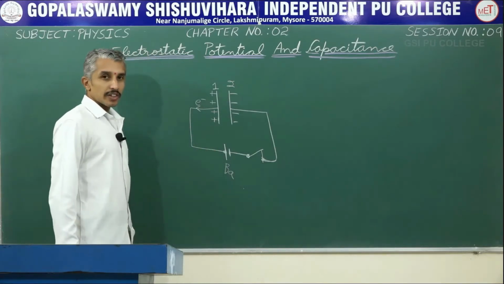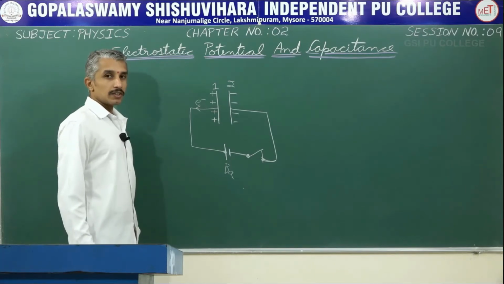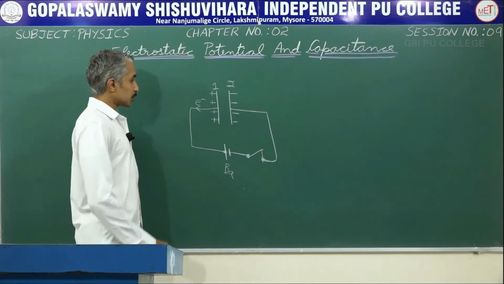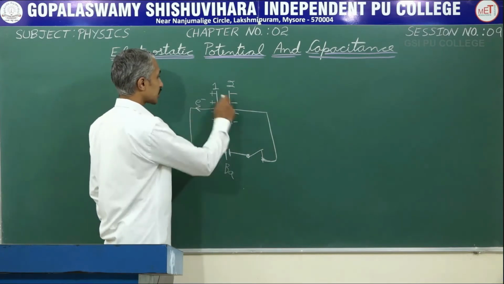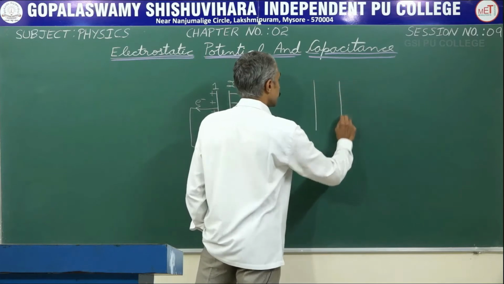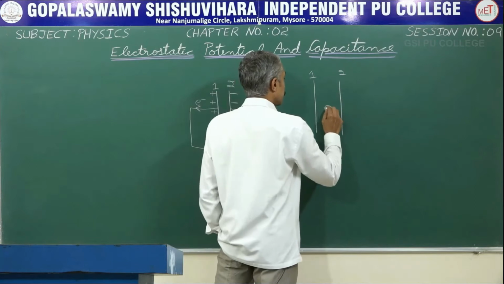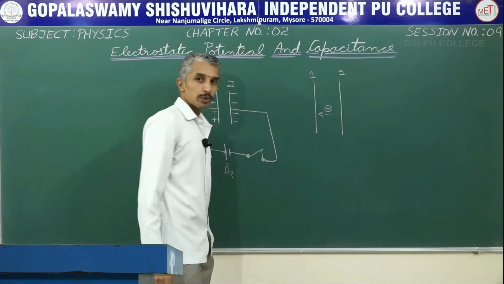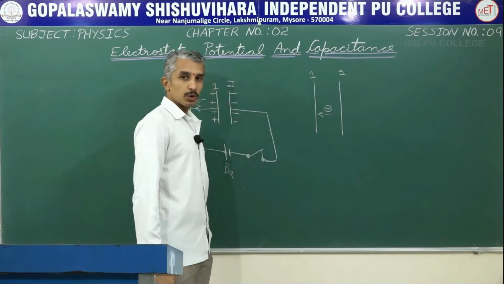But generally in all our derivations, the calculations are related with respect to positive charges. So today, instead of considering an electron is taken from plate 1 and redistributed into plate 2, we would be considering that positive charge is being moved from plate 2 to plate 1.